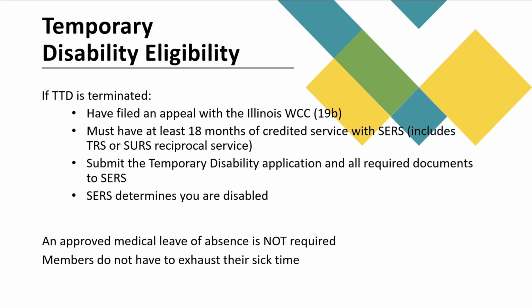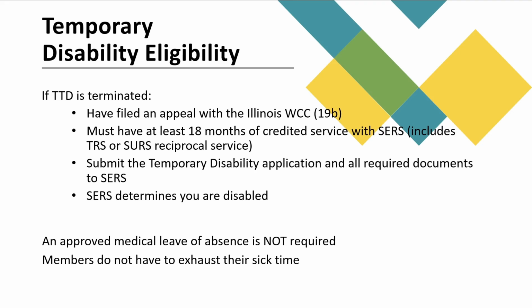So temporary disability eligibility. If TTD is terminated, the member has to file an appeal with the Illinois Workers' Compensation Commission. They must have those 18 months of service credit with SCRS or TRS or SURS.